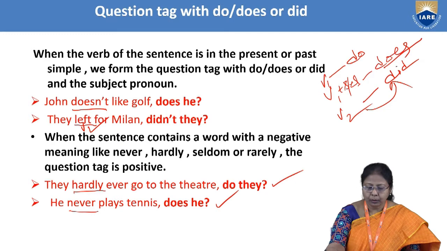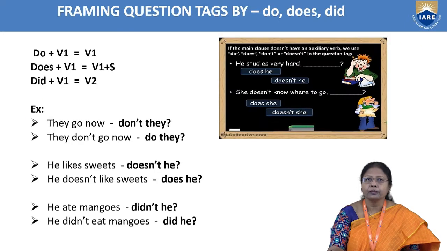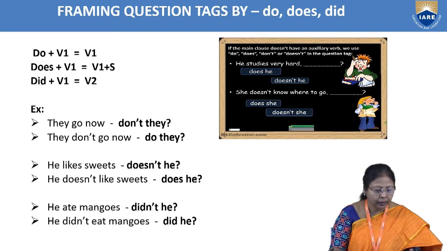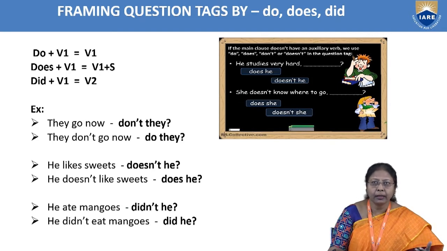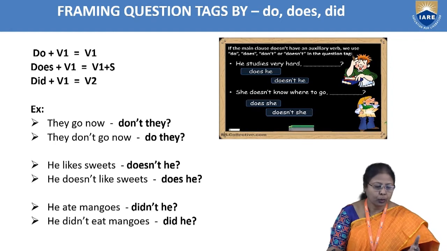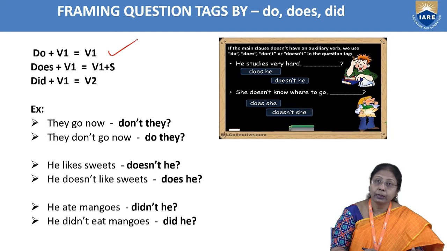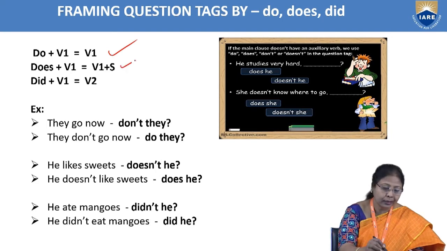Clear? So the next rule is the extension of the previous rule, framing question tags with do, does, did. Do goes with V1, does goes with V1 plus S, and did goes with V2.